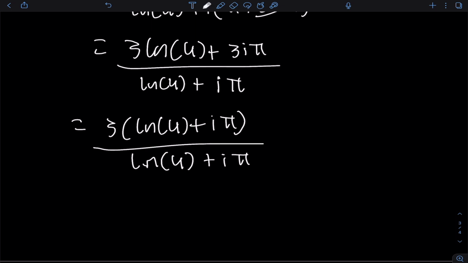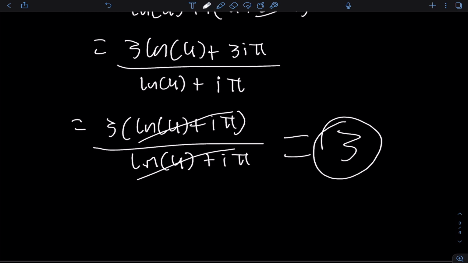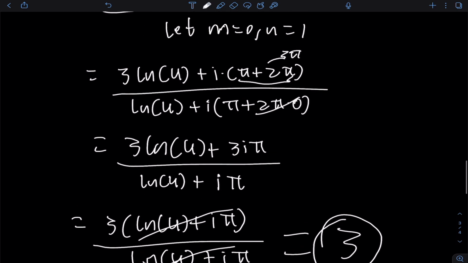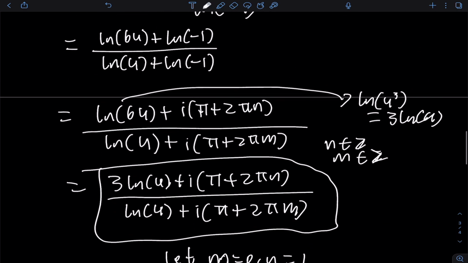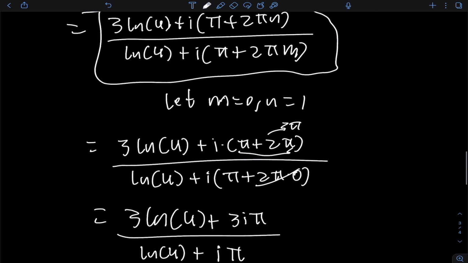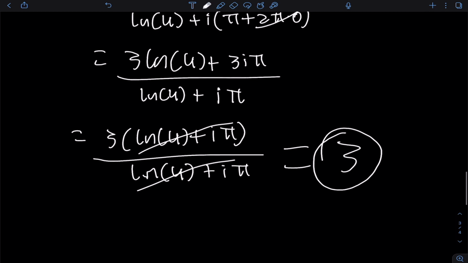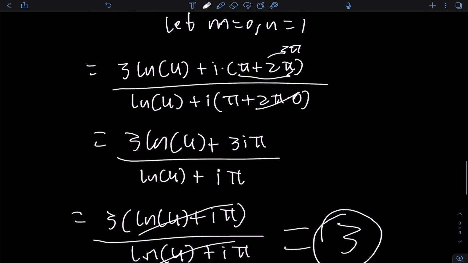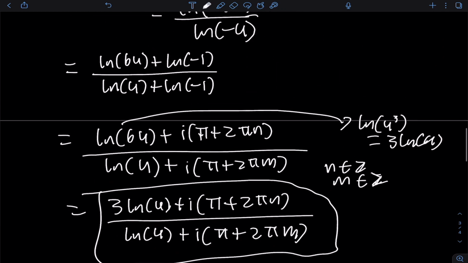The coolest moment of this video, cancel and cancel, and what we're left with is just a 3. So that is pretty cool. That shows that if we take the different branches of each of these distinct multivalued functions, then we can actually reach answers that are of real value, and also what we computed earlier.